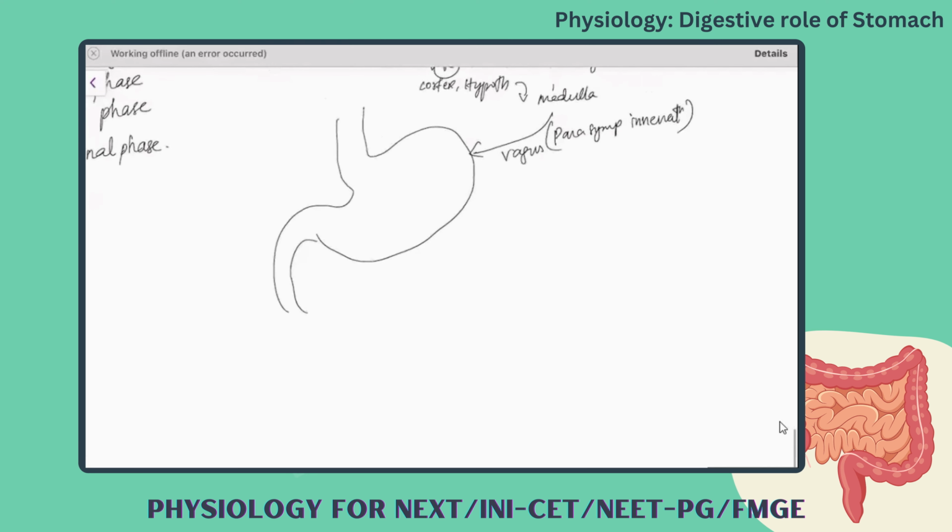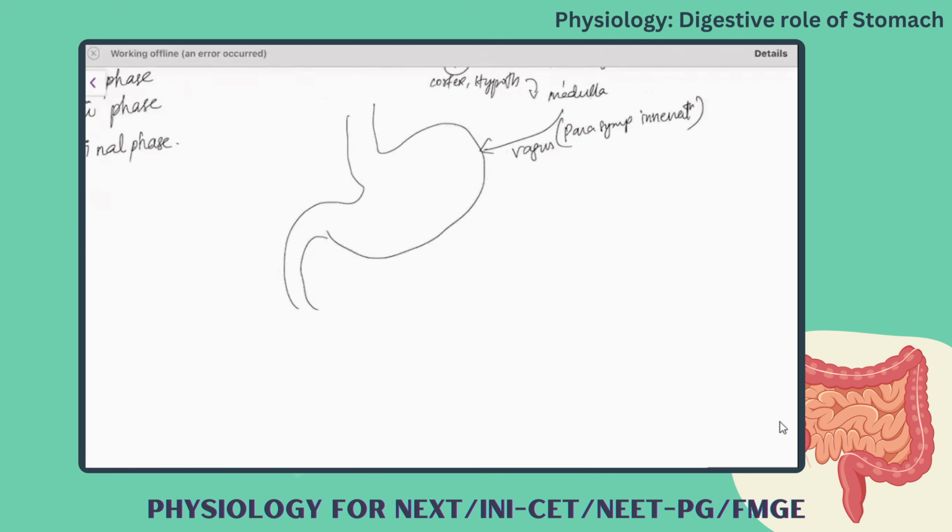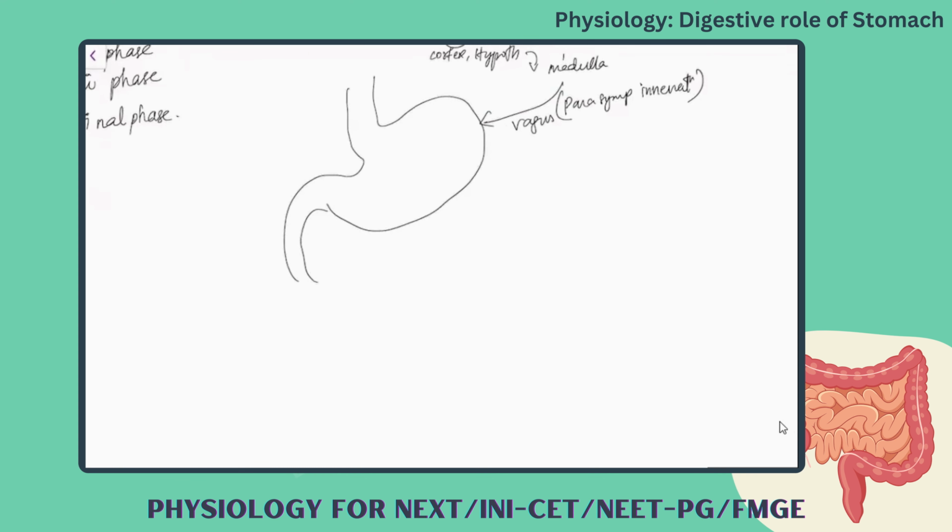The walls of the GIT have both enteric and autonomic nerve supply. Parasympathetic is rest and digest, whereas sympathetic is the flight and fight response. The main thing involved from the autonomic nervous system is the parasympathetic supply. Its role is to take rest and digest the food you are eating.